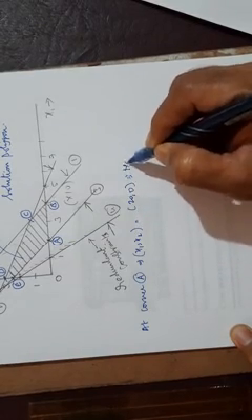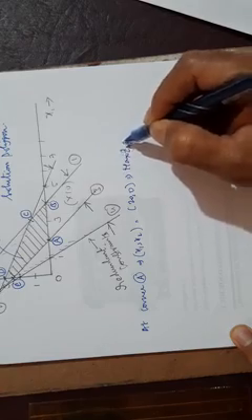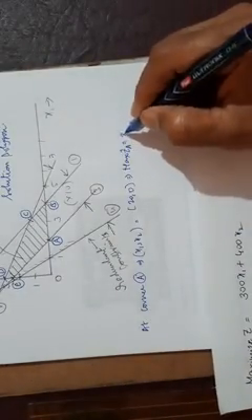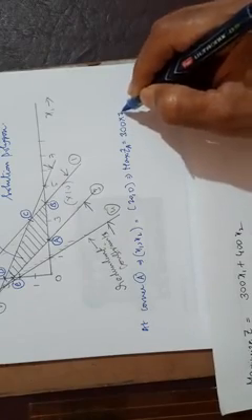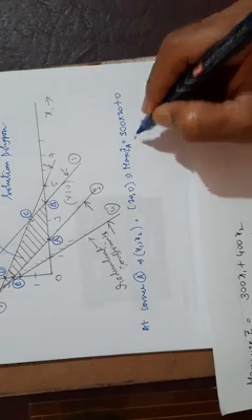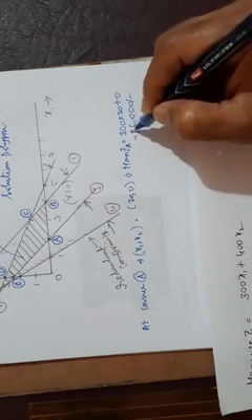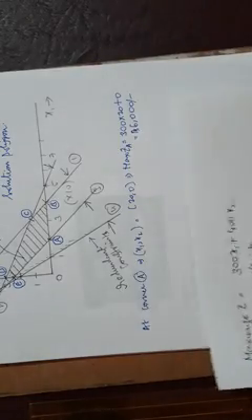I substitute in the maximum Z equation, so I'll get maximum ZA. So x1 is 20, x2 is 0, so it becomes 300 into 20 plus 0. So I'll get this as 6000. That is at A, ZA.